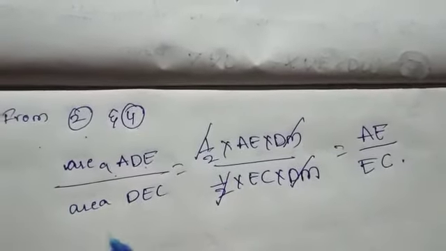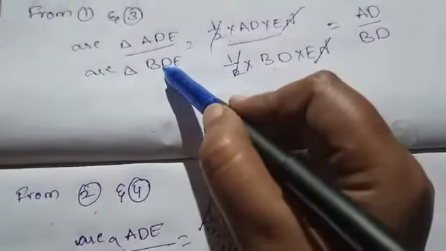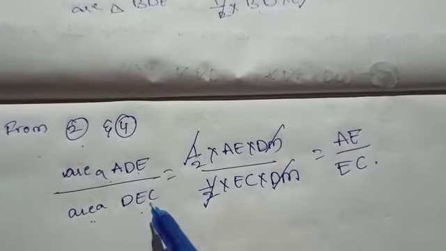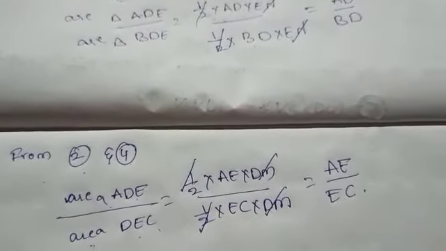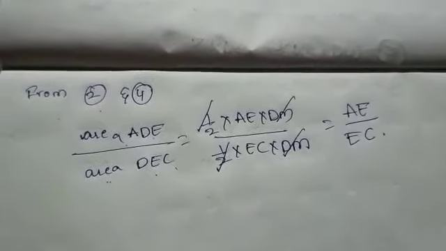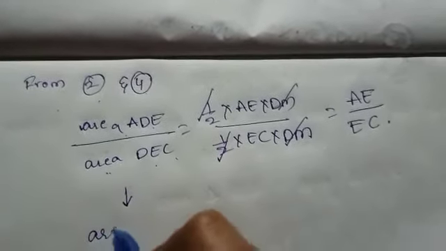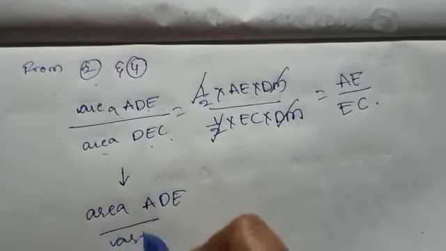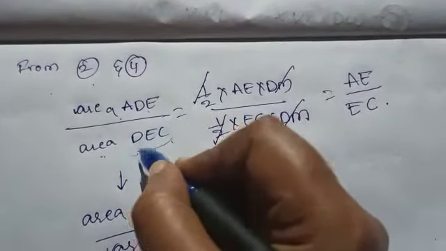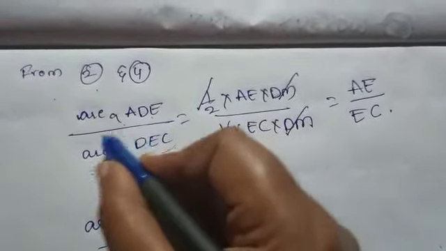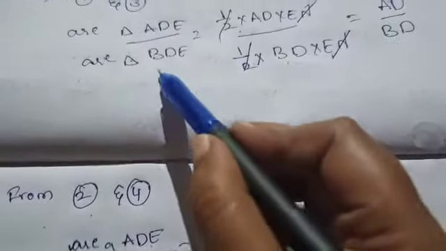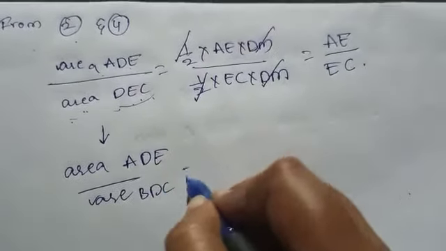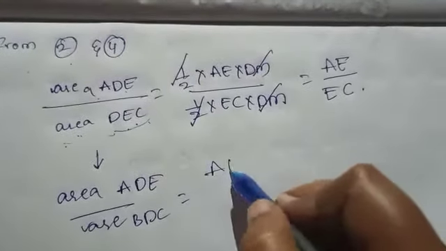Okay, we know area of triangle BDE equal to area of triangle DEC. So this is equal to area of triangle ADE by area of triangle DEC. Okay, here area of triangle DEC equal to area of triangle BDE.